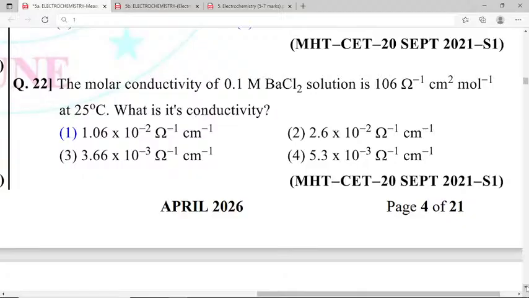The molar conductivity of 0.1 molar BaCl2. So concentration given, and this is molar conductivity, lambda. So what is the conductivity? K is equal to question mark. Again the same formula.